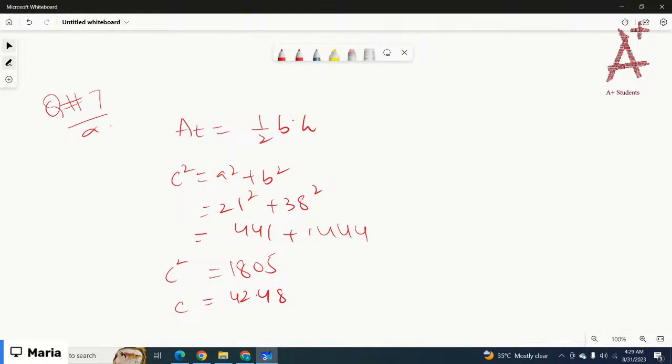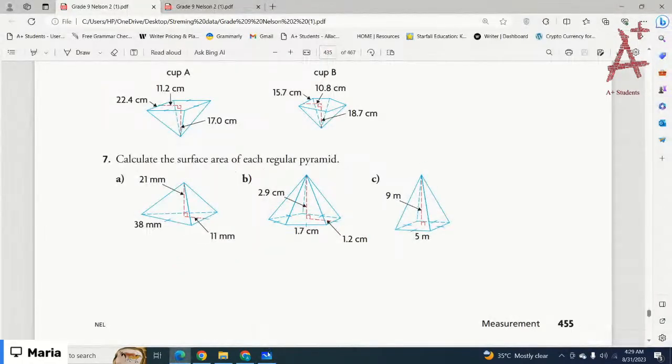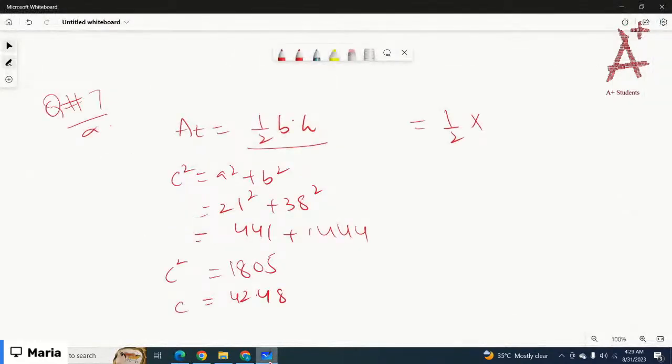So that is the side you have to calculate. Now you can calculate the area by using the formula. That would be half times base, the base is 38, and the height we just calculated is 42.48, right? Let's just multiply and divide.